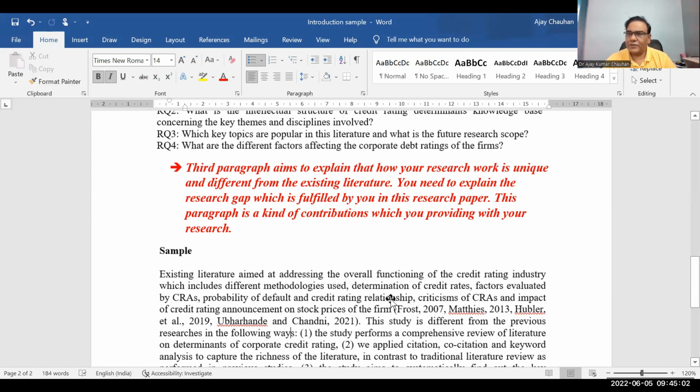And that's why I always say the researcher must have some creativity in writing the research paper, because you have to think about what extra, what different we are doing. So the third paragraph is basically a marketing paragraph. You are explaining how your research paper is different from the previous one. And the way your paper is different is basically explaining the research gap. So this paragraph is again an important one.